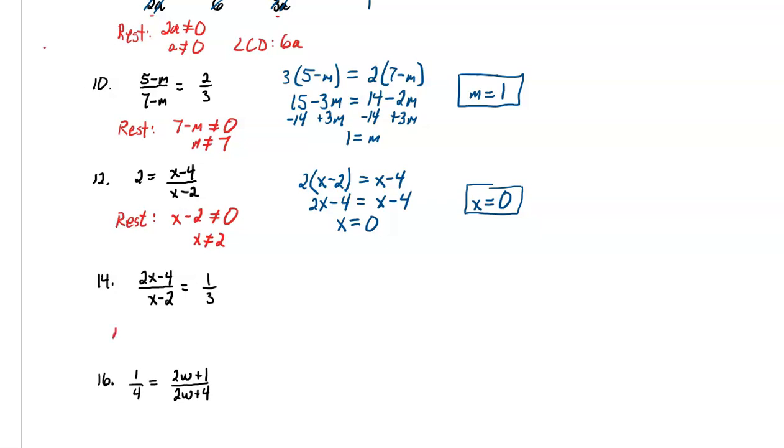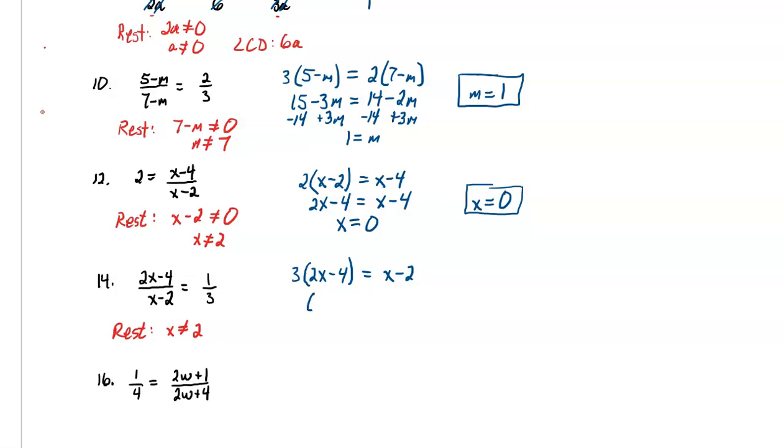Number 14, there's going to be a restriction. X cannot be equal to 2. This is a proportion, so I'm going to use cross multiplication. Diagonally, 3 times 2x minus 4 is equal to, and now the other diagonal is 1 times x minus 2, which is just x minus 2.